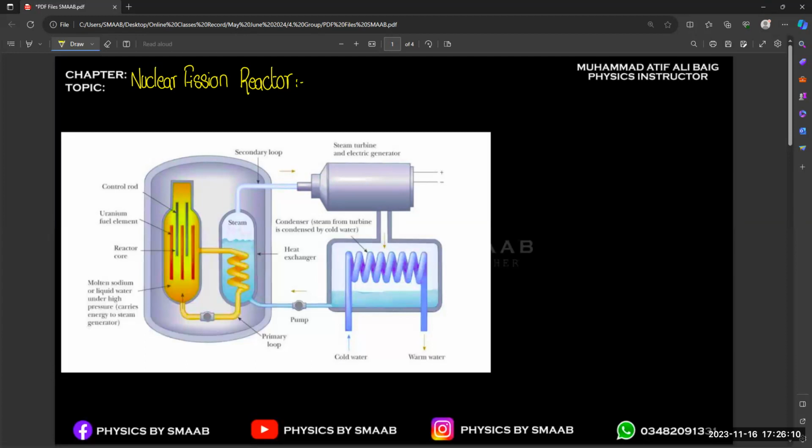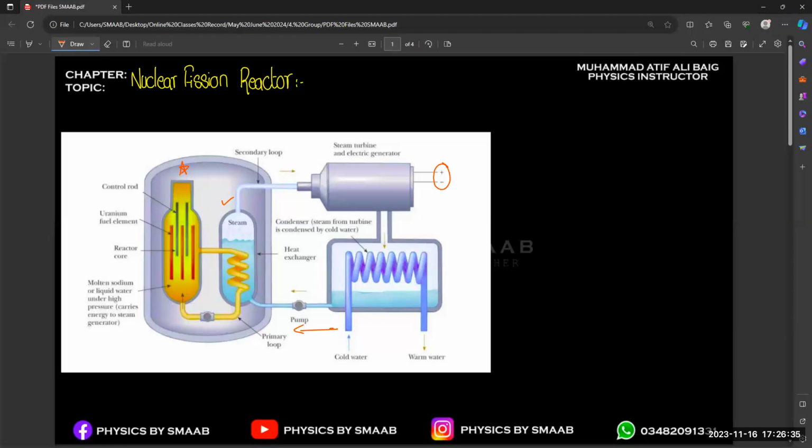The first part is different and the rest remains the same: we make steam, that steam helps the turbine to move, and finally we get electrical energy. Again, that steam cools down and turns into water and moves back into the reactor, and this process continues.